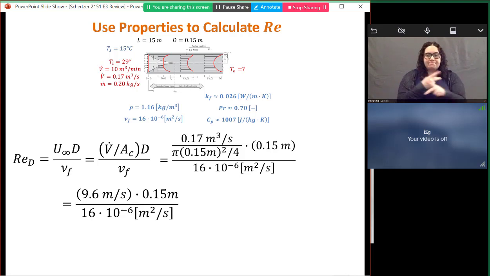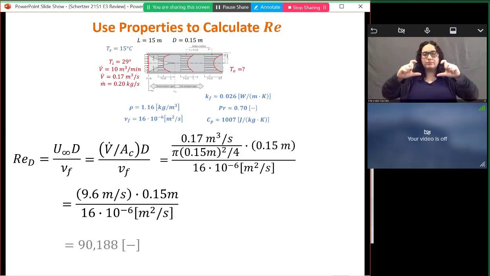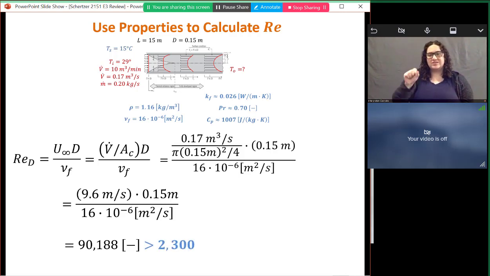I'm not sure about the rest of the problem, but I'd like to have an answer for the velocity just in case. So I see that that's 9.6 meters per second. I can calculate my Reynolds number, and it's about 90,200. That's bigger than 2,300, so I know that my flow here is turbulent.